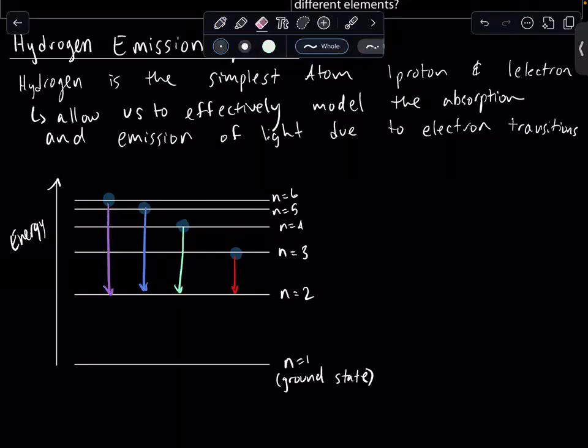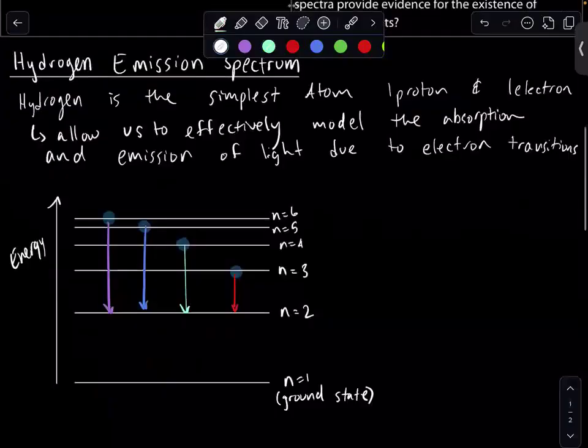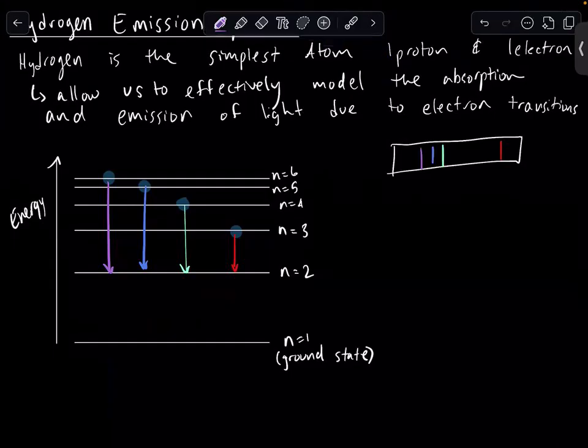So we get light in the visible spectrum here. These transitions will always produce a visible light wave. And this tells us something else. We notice that there are specifically one, two, three, four lines in our emission spectra. We saw that in our previous demo where we looked at the line spectra of hydrogen, we see four discrete lines.